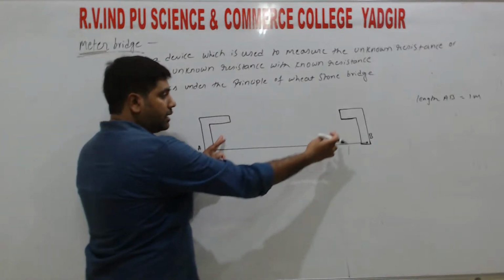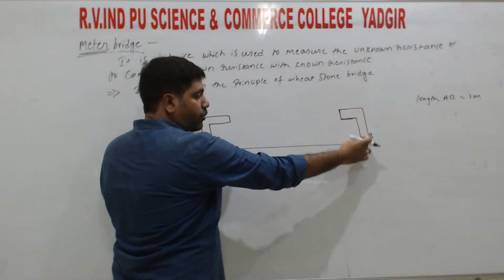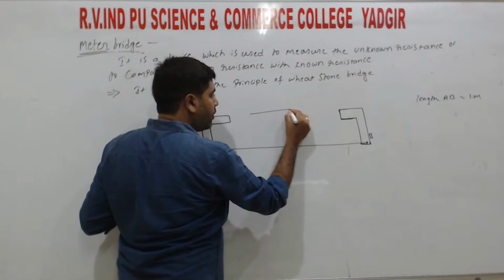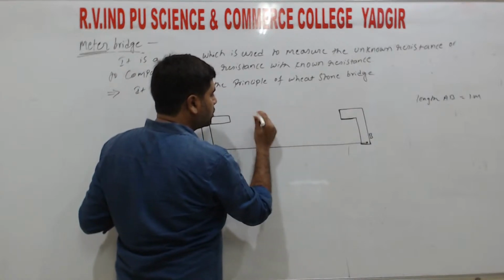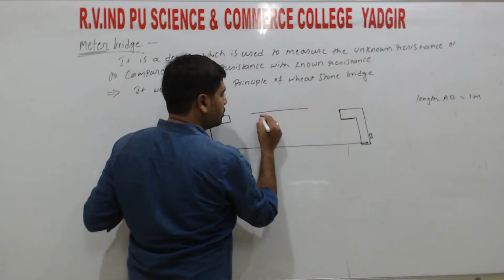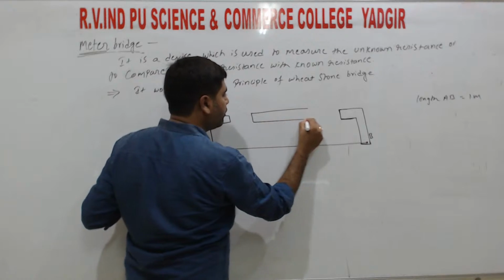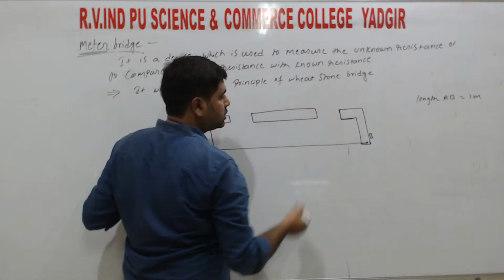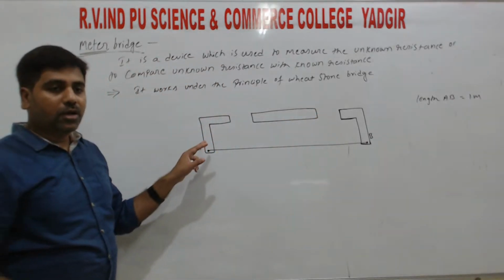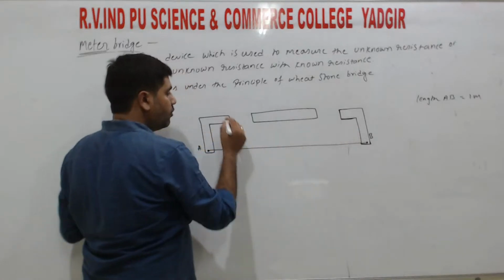Now in the gap between the two L-shaped metal strips, one more metal strip is mounted on the wooden bridge, right?